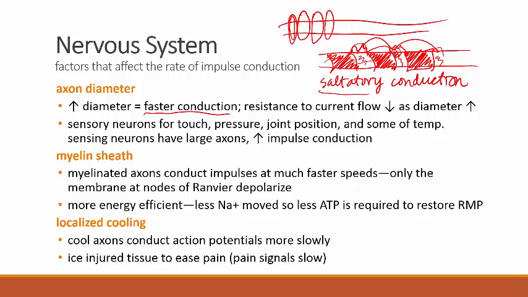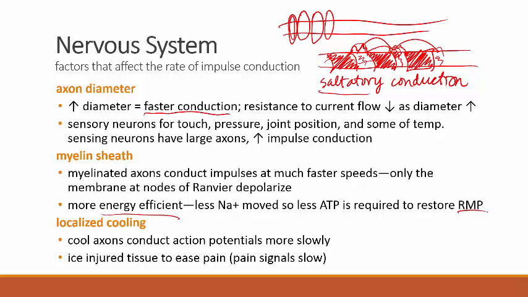This is also a more efficient process, because we're moving less sodium. Only sodium and potassium at the nodes of Ranvier are moved, so it doesn't require as much ATP for the neuron to restore resting membrane potential.